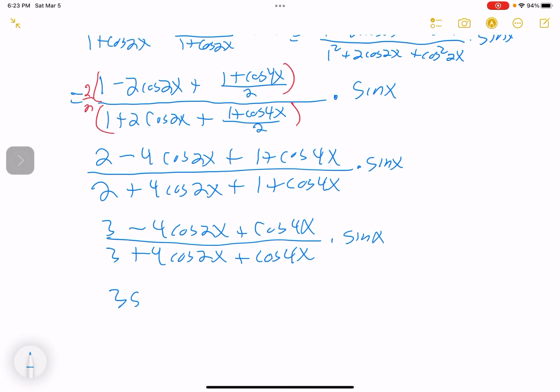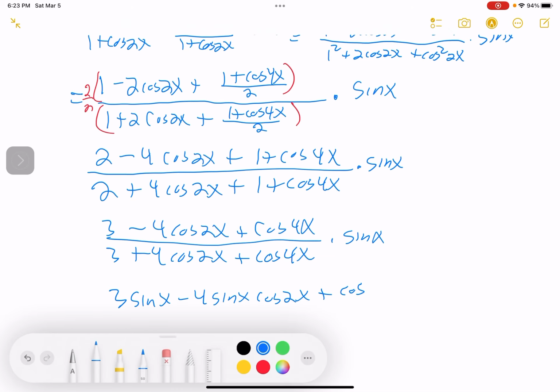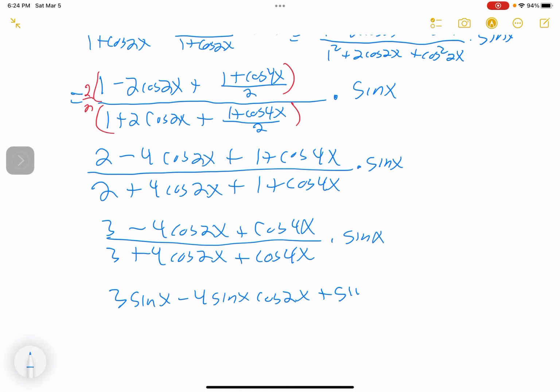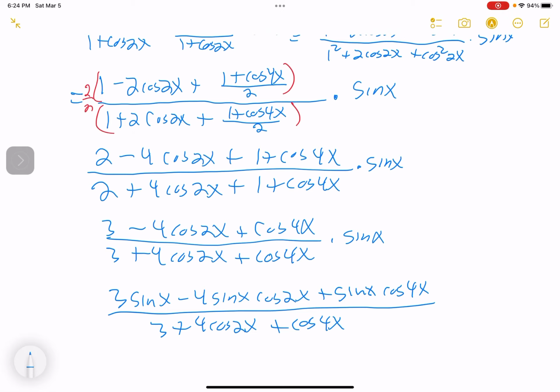So it's 3 sine x minus 4 sine x cosine 2x plus, well, I like to write sine first, sine x cosine 4x all over 3 plus 4 cosine 2x plus cosine 4x. And that's it.